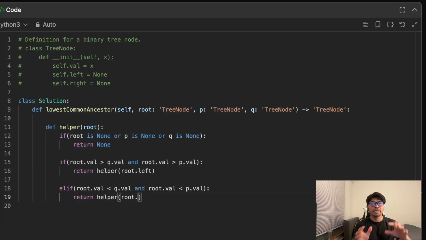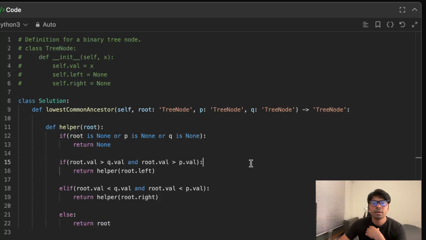That's where you either go to the right side or go to the left side. So this is where we go to the right side, and otherwise, else, we just return root, okay?